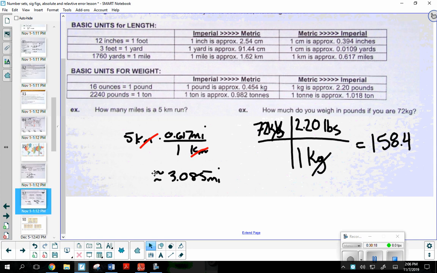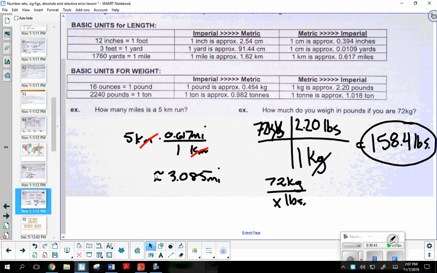Does anybody want me to go ahead and write out the proportion? Would anybody like to see that? Sure. Okay. Well, we're trying to change kilograms to pounds. So 72 kilograms. What's that? I did it wrong. No, you just didn't put pounds. I mean, your answer is perfect. Okay. Equals.